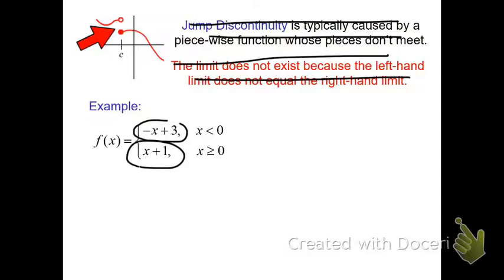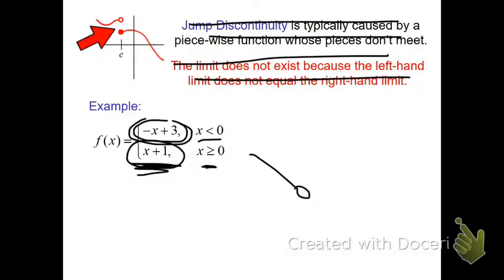Okay, let me show you graphically one more time what this would look like. This is a line, and at 0 there's an open circle. So maybe it goes like this, okay? The other piece, the bottom piece, would be the right side. This is another line with a solid point at 0.